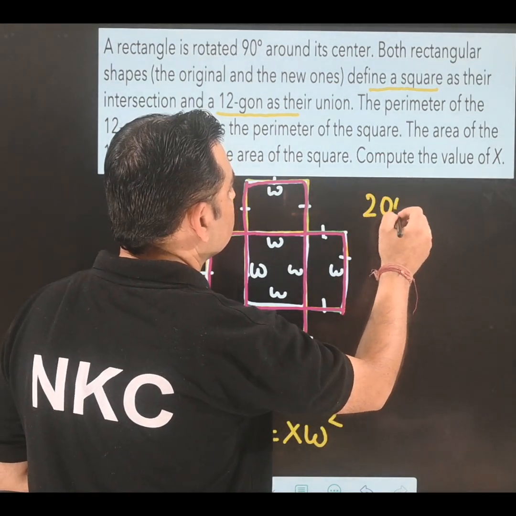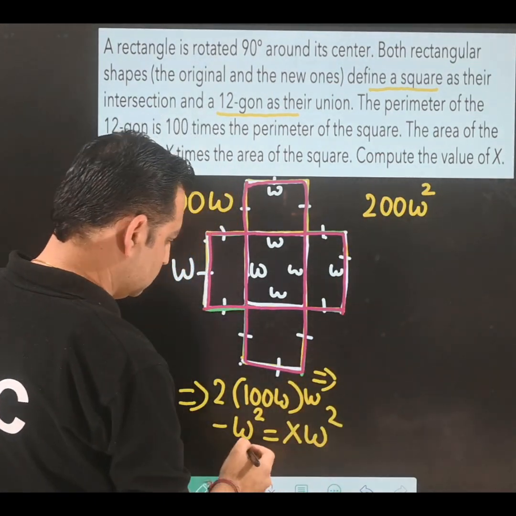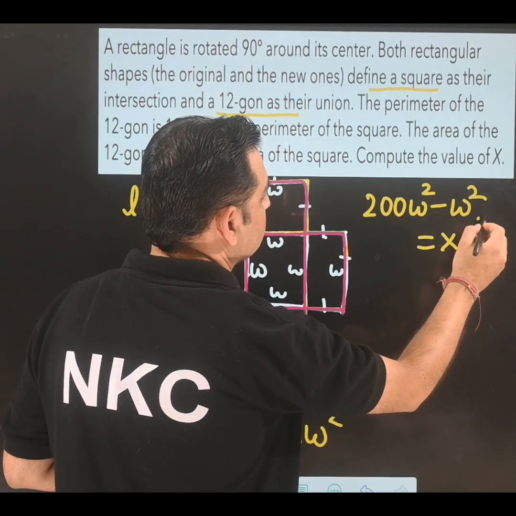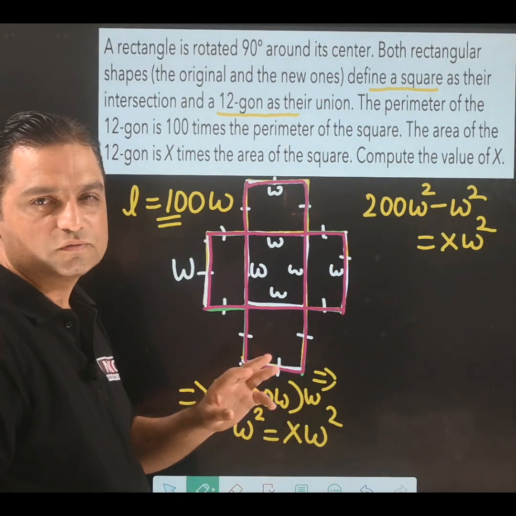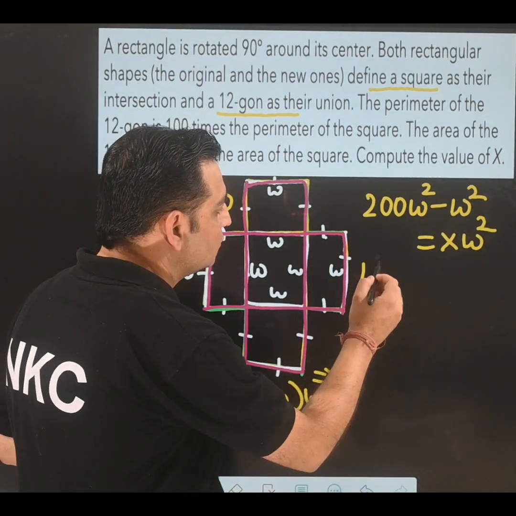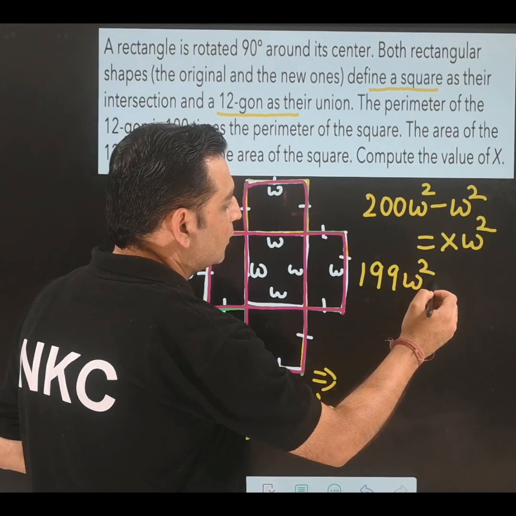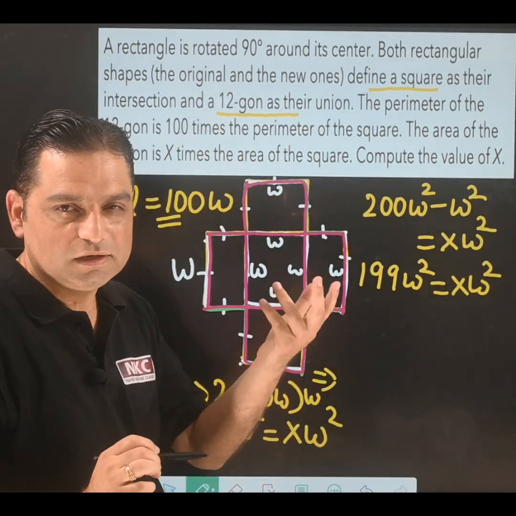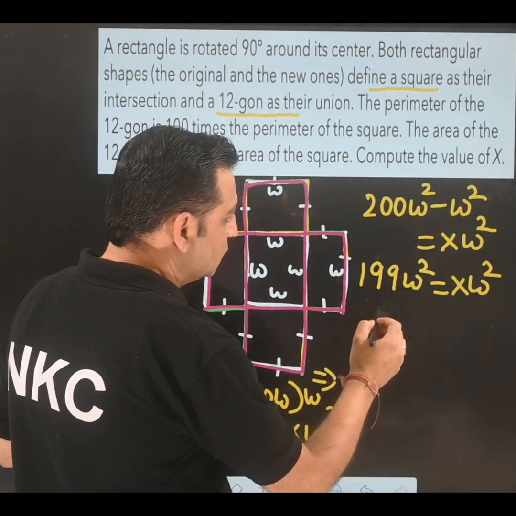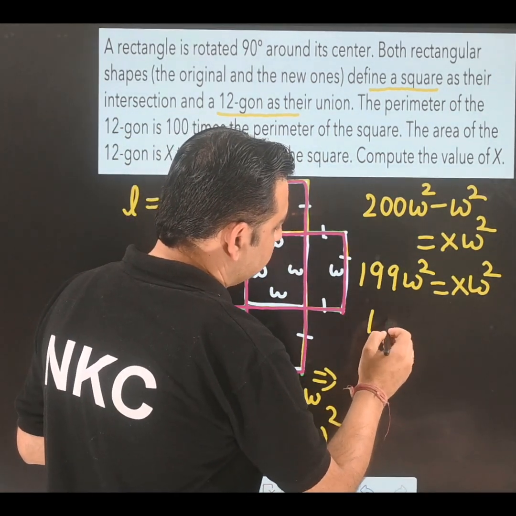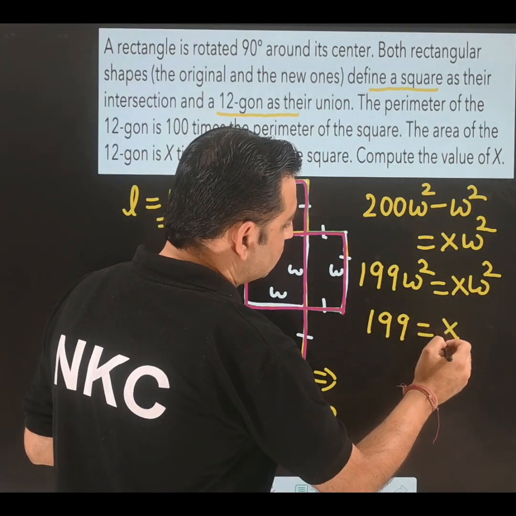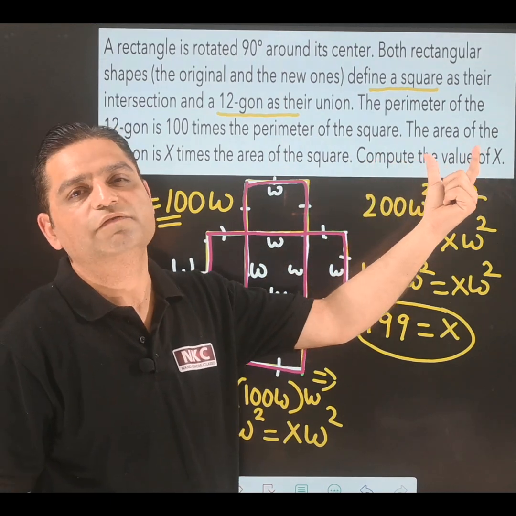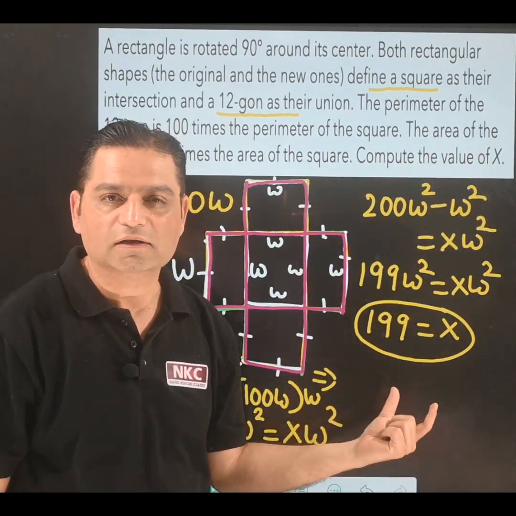So as of now we have 200W square minus W square is equal to xW square. 200W square minus W square makes 199W square is equal to xW square. You can divide both sides by W square, and finally you will get 199 is equal to x. So as it was asked, compute the value of x. Value of x is 199.